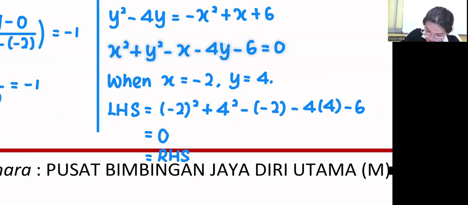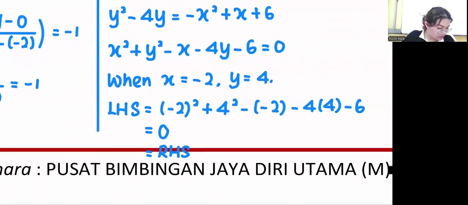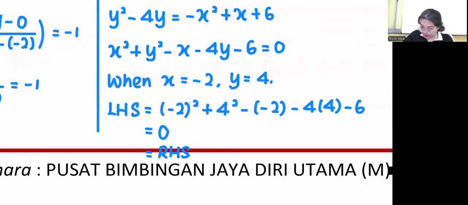So since left-hand side equals right-hand side, we say the locus passes through the point.